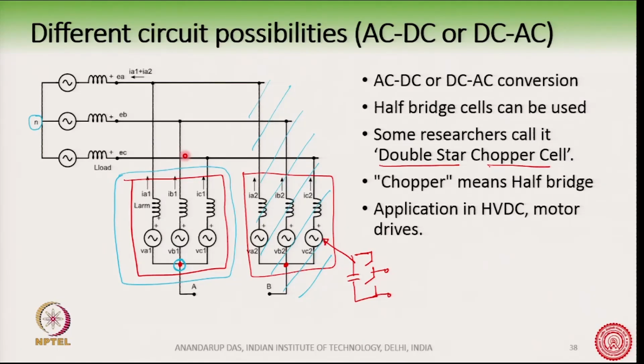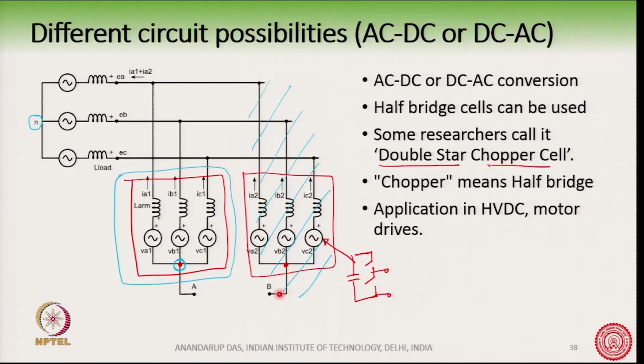If you analyze it in that way, we have already analyzed one single star, this cascaded H-bridge. Now, we are connecting one more star. So, this is also another way of looking at MMC. Therefore, this is where the DC voltage is available, this point between A and B.